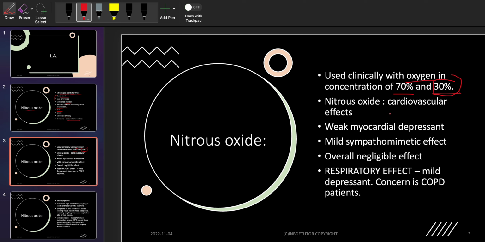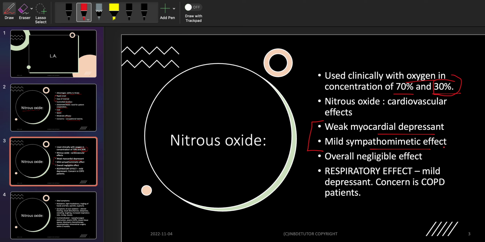Now let's talk a little bit about the effect of nitrous oxide on the cardiovascular system. Now please pay attention to these 2 points. It is a weak myocardial depressant, means very weakly it depresses the myocardial system, and it also has a mild sympathomimetic effect. If you know pharma, you would know what the sympathetic effects are.